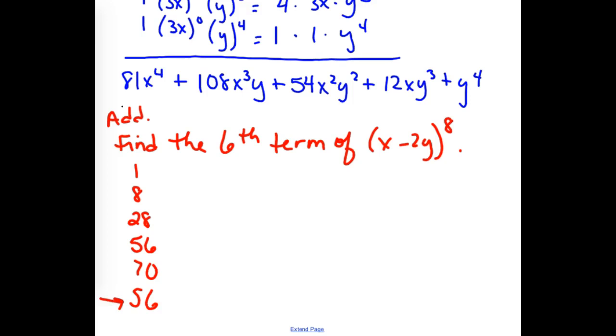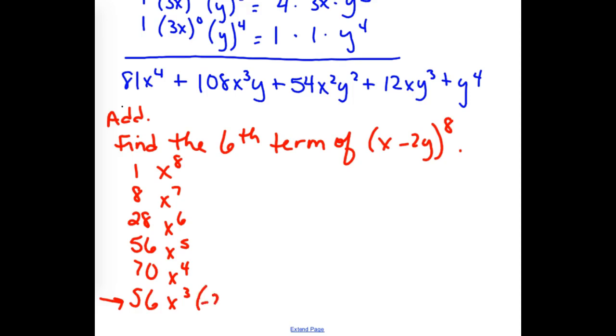Okay, so we've got our nCr piece figured out. Now, we need our probability of success, or our first term, which is an x, and it's starting out to what power? It's starting out to the 8th. So then this would be to the 7th, 6th, 5th, 4th, 3rd. Okay, then what?